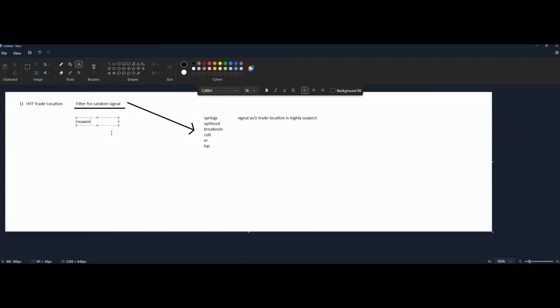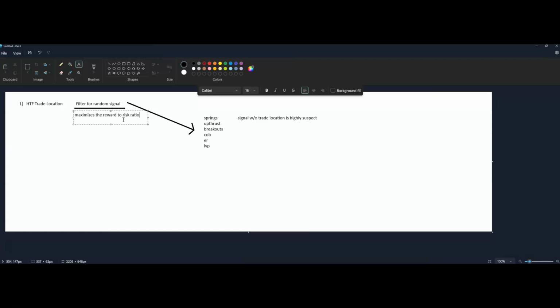it maximizes the reward to risk ratio. Trade location always maximizes the reward to risk ratio. If you know what you're doing, you can get this. This is not like 2 to 1.